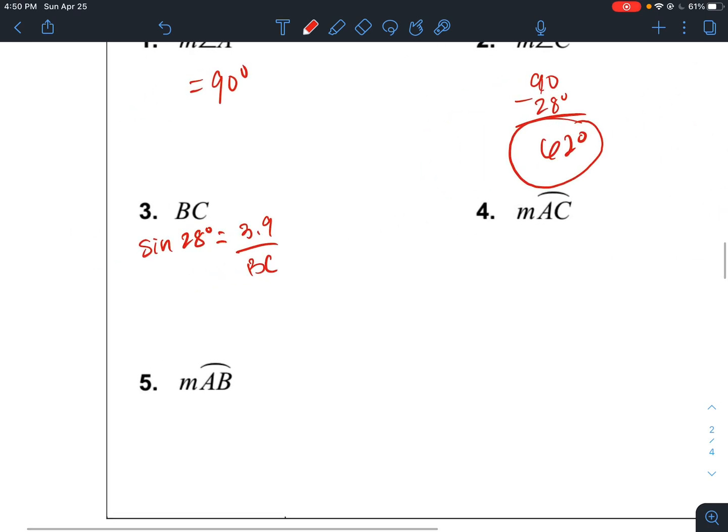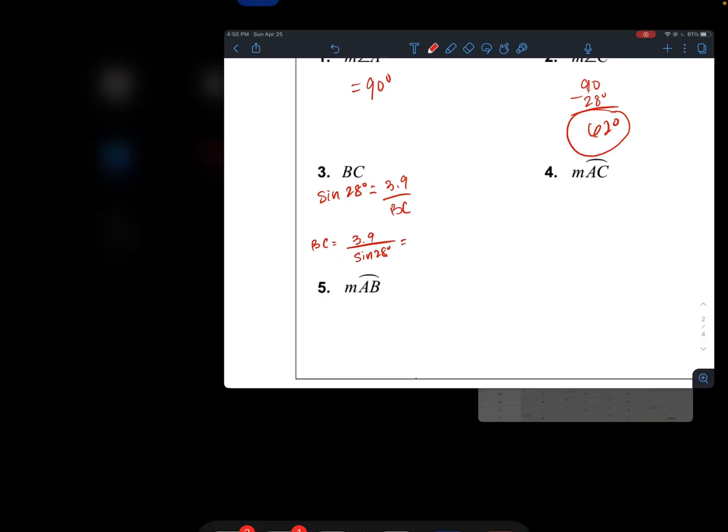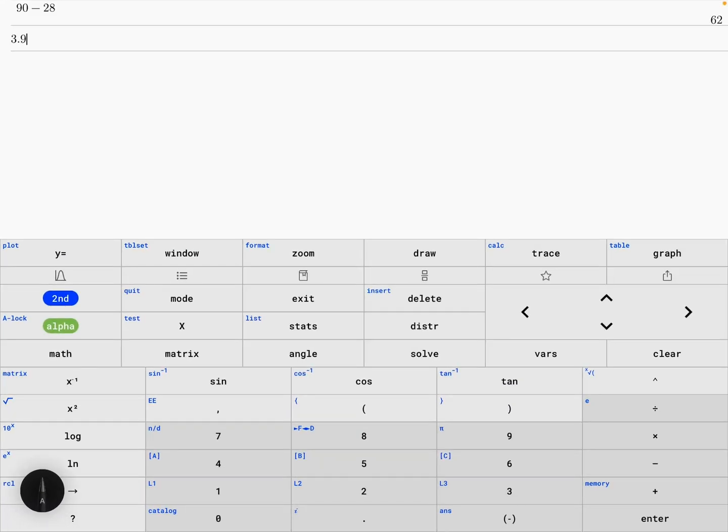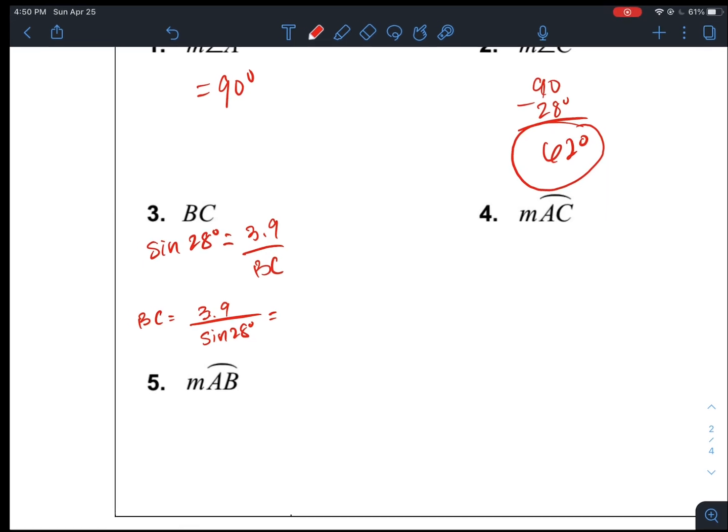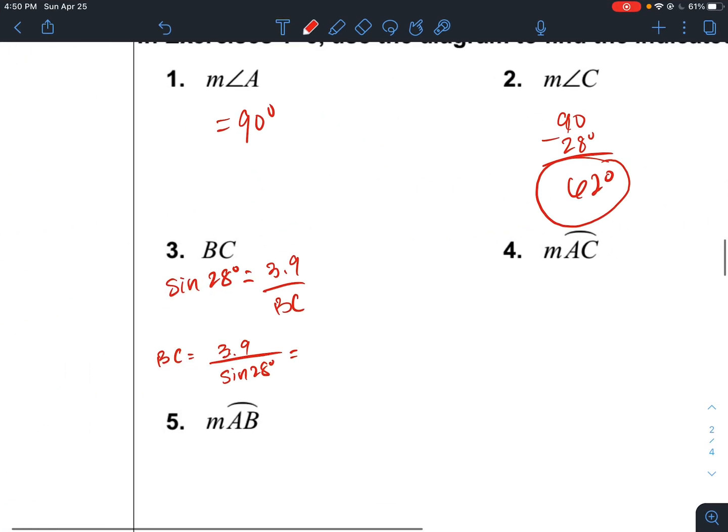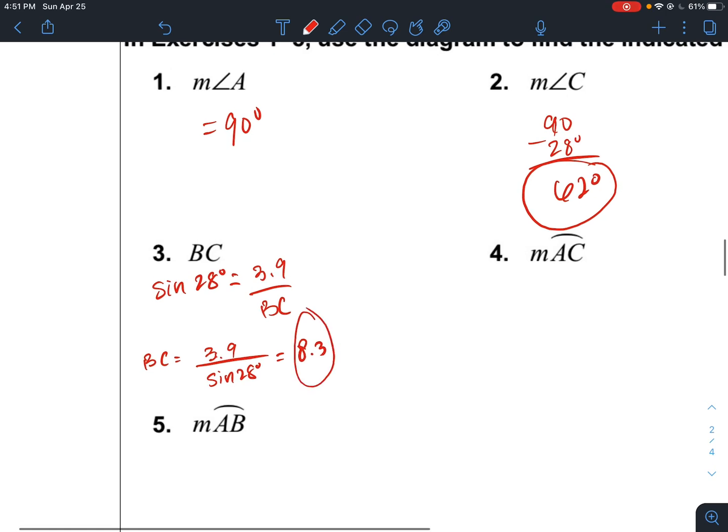Okay, and if I do my algebra right, BC should equal 3.9 divided by the sine of 28 degrees. So 3.9 divided by the sine of 28 degrees, and I get 8.3, we'll call it 8.3. So 8.3, yep, that should be the measure of that.